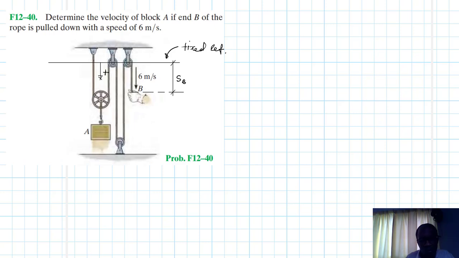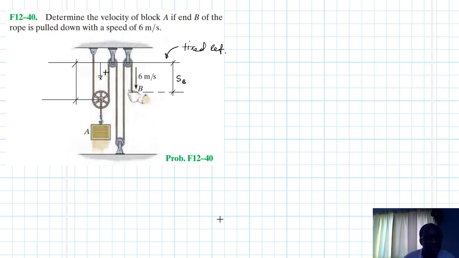And then we have the other position coordinate on the other end. Because we are dealing with dependent motion of two particles, for a single rope we have a maximum of 2 coordinates, but if you have 2 ropes then we can have 3 coordinates. In this particular case we only have 2 displacement coordinates.